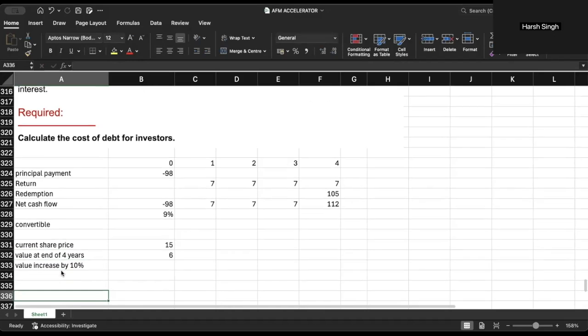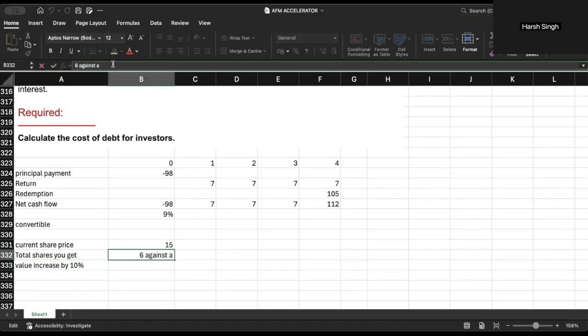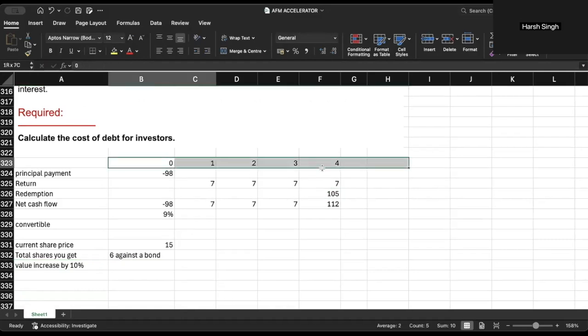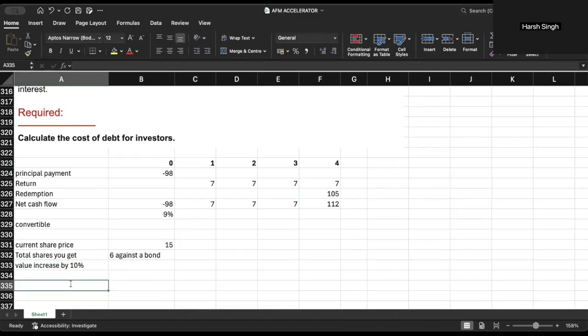Now against every one bond you are going to get how many shares? 6. Correct? Now one bond is of 105 rupees at the end of year 4. We need to find out the total value of my shares.